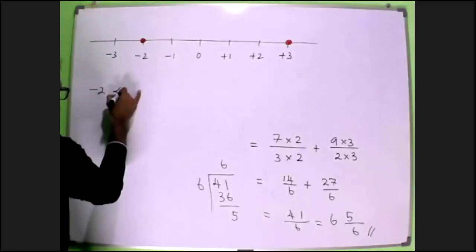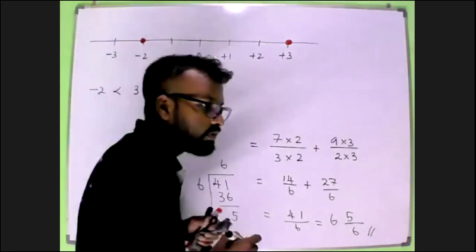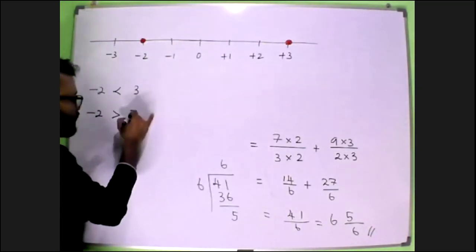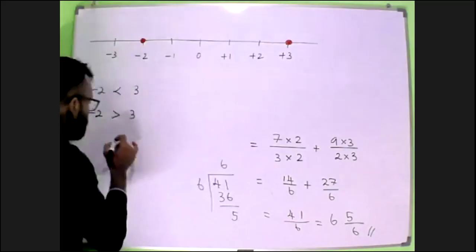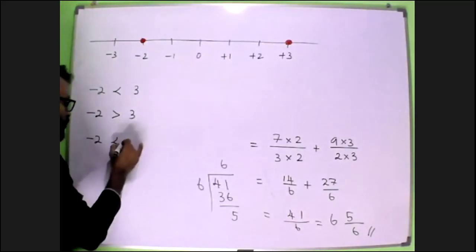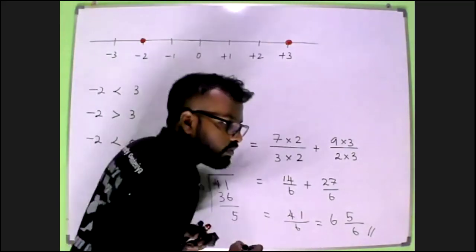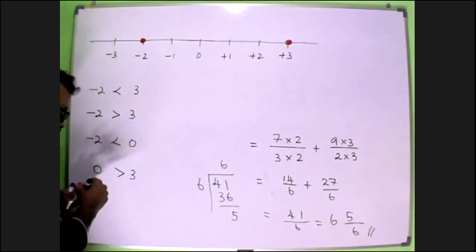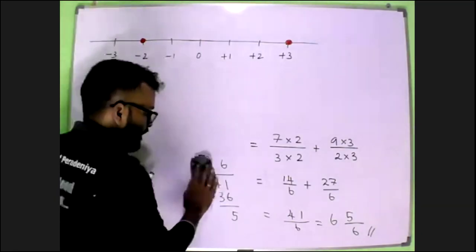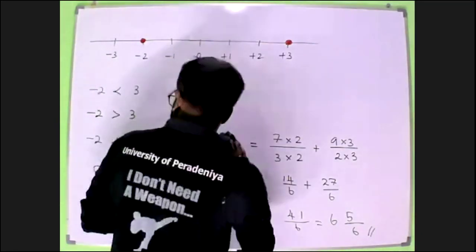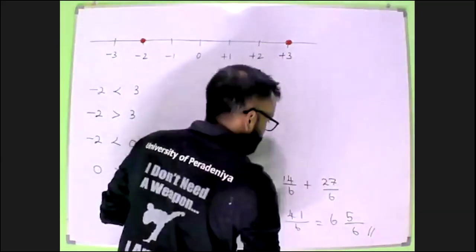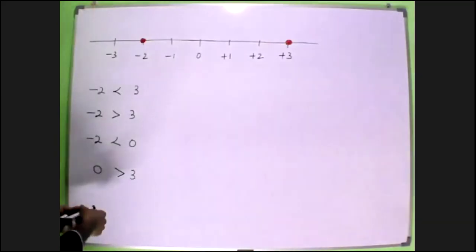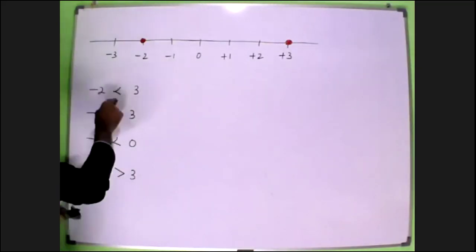Minus 2 less than 3. It is the first term. Then minus 2 bigger than positive 3. Minus 2 less than 0. 0 bigger than 3. Okay. So they are asking which ones are correct. Minus 2 less than 3.